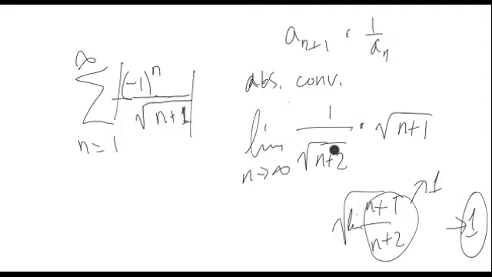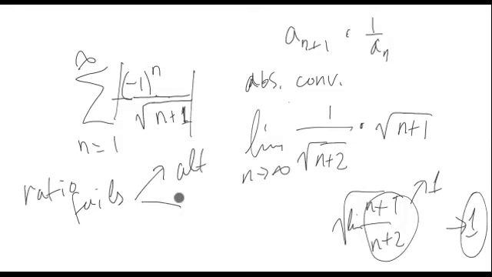Now, a favorite common other test that we can use if the ratio test does not apply is the alternating series test, or perhaps an integral test or a p-test. So if the ratio test fails, then we either go to alternating, if we can. In this case, we can because we have a negative 1 to the n.